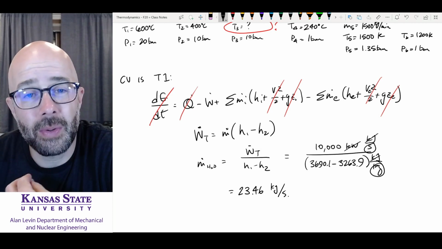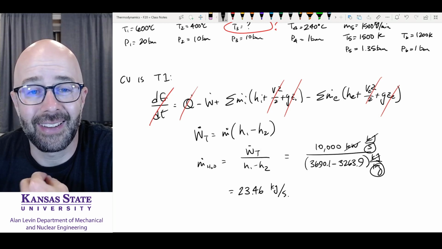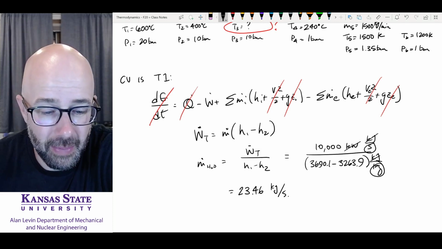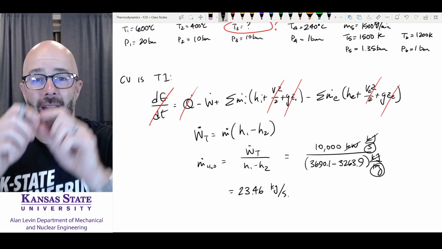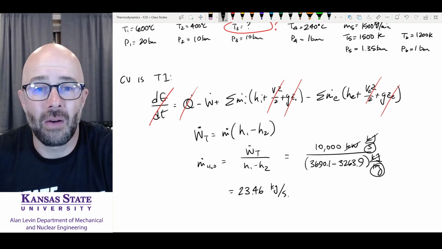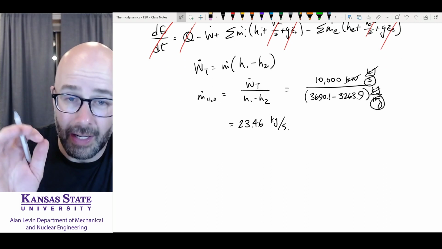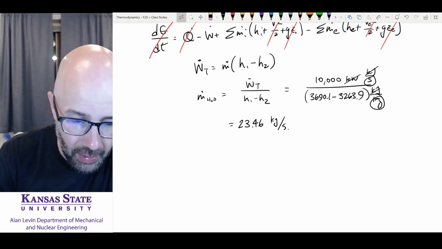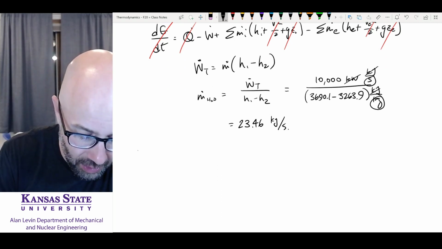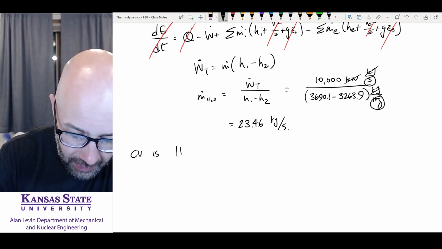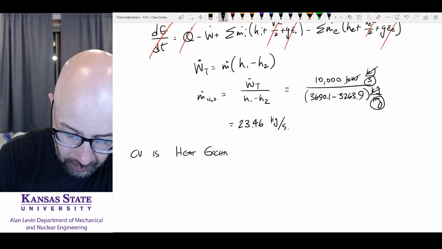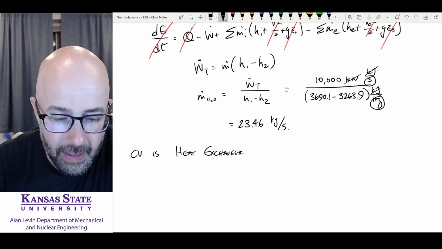So now what we have to do is go to our second control volume, which is going to be the heat exchanger, and analyze that heat exchanger to find out some information about state 3. So now we're going to say the control volume is our heat exchanger.